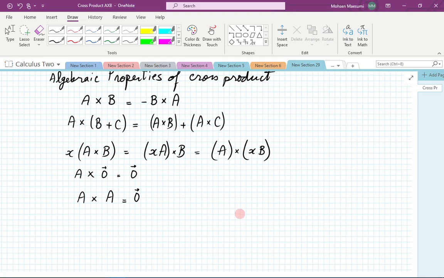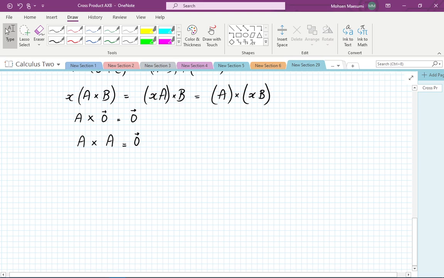We have another property which is mixing dot products with a cross product. If I have a vector and I dot it with the cross product of two other vectors, now you have 6 ways of doing this, and for the most part they turn out to be the same.